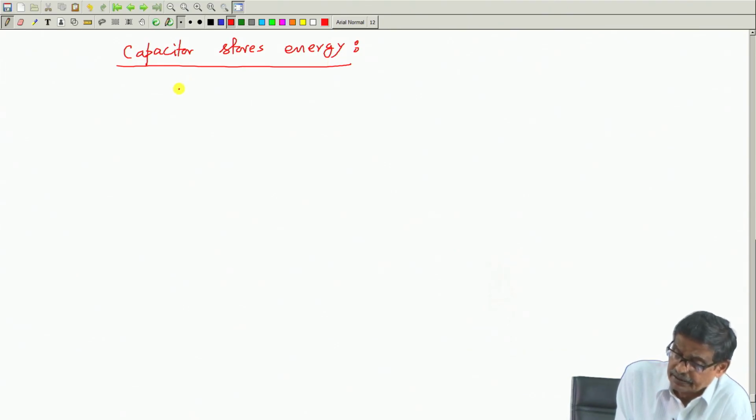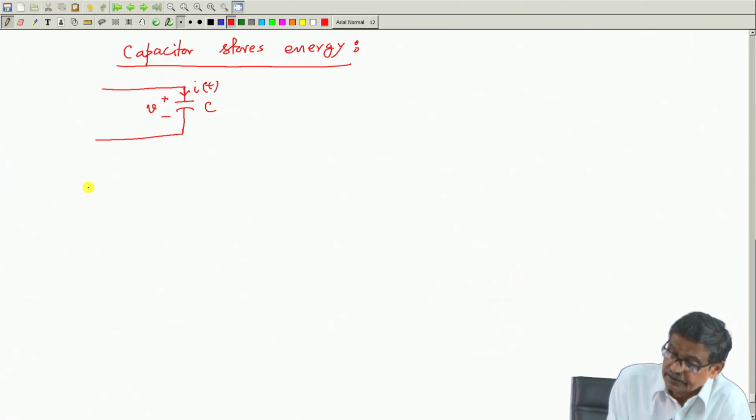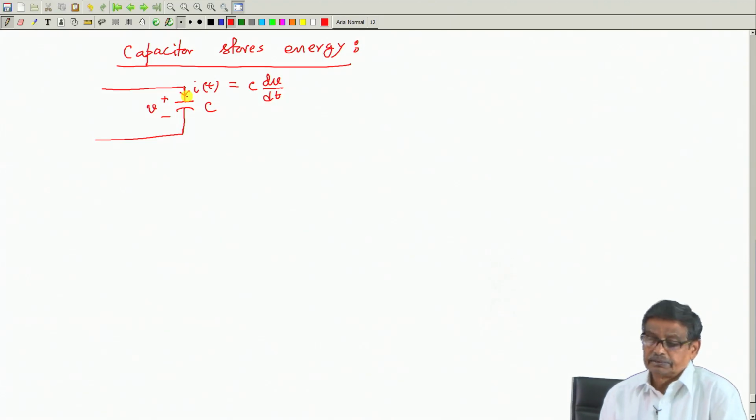It can be very easily done. Suppose you have a capacitor like this, and here you have connected, suppose current flowing through the capacitor is i(t), and voltage across, the polarity convention must be followed, and this is suppose the voltage across the capacitor is v. So, i(t) is equal to C dv/dt, is not? Current through the capacitor is C dv/dt.